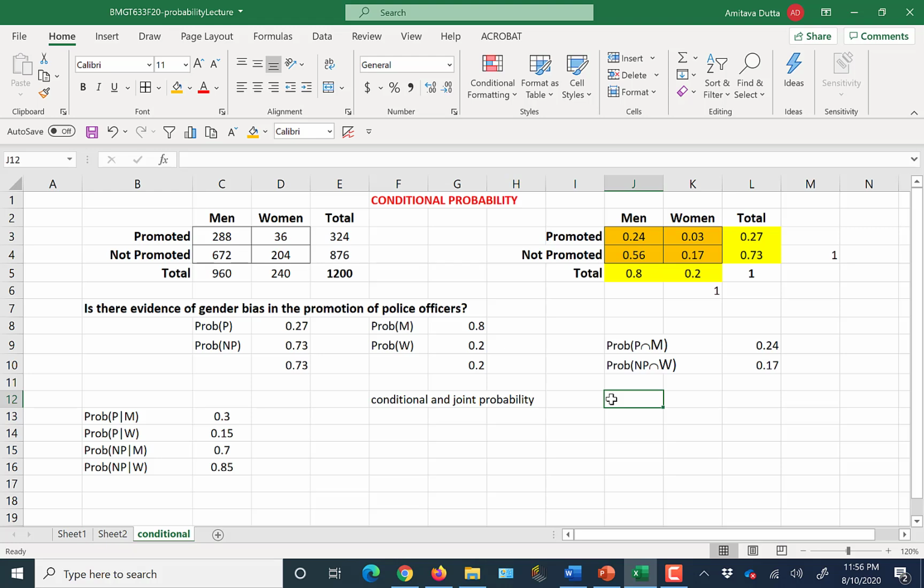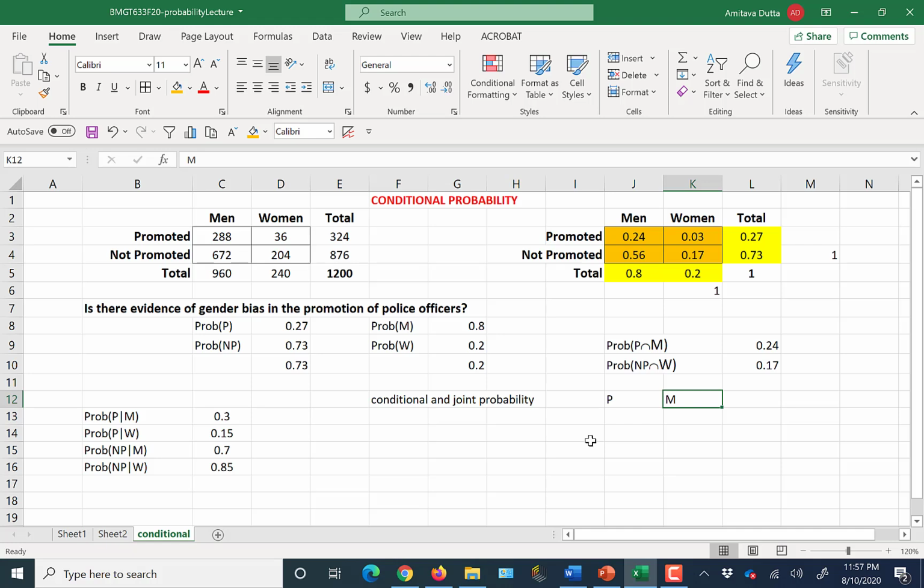So let's pick one, P and M. One event is that the officer is promoted, P, and this is M. In both joint and conditional probability, there are two events involved. In our case, P is the officer is promoted, M is the officer is male. What is the difference between conditional and joint?